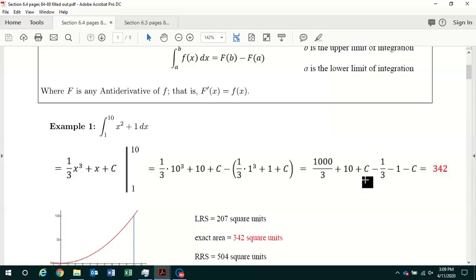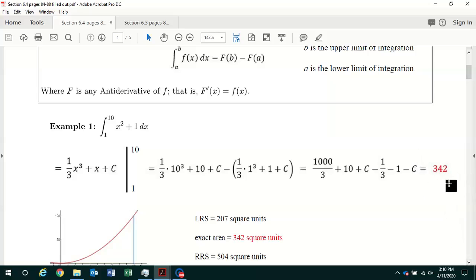You notice right away that the c's cancel, we have c minus c. Then 1,000 thirds minus 1/3 equals 999 thirds, which is 333. We add 10, subtract 1, and we get 342. So the definite integral of x squared plus 1, from x equals 1 to x equals 10, is equal to 342.